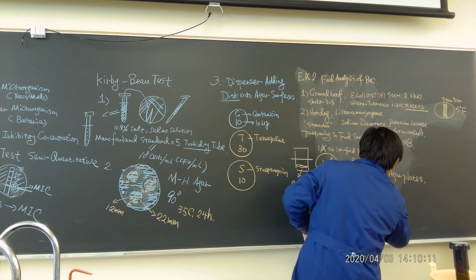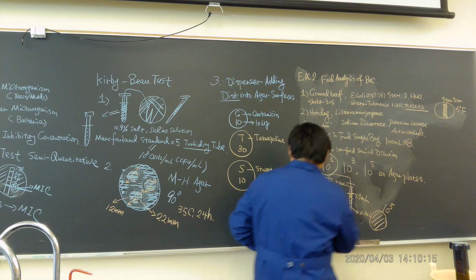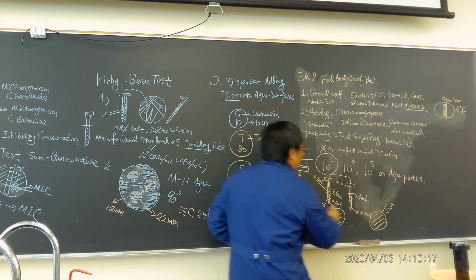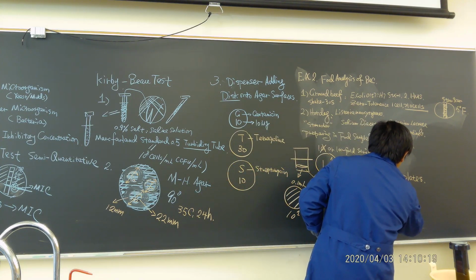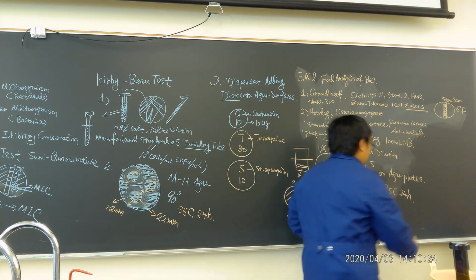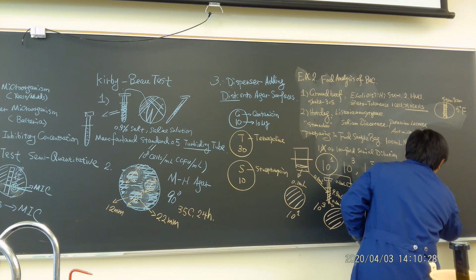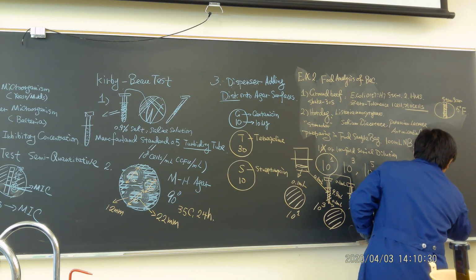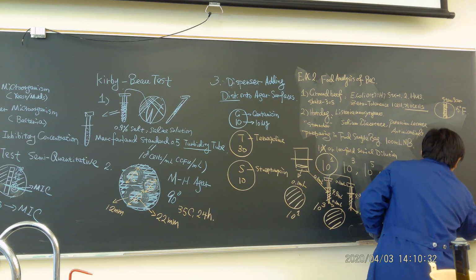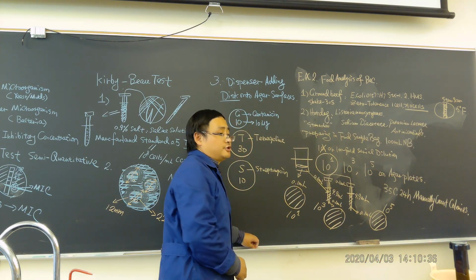That is 10 to the 5th. Then we are all going to do an incubation at 35 degrees Celsius, 24 hours. Then you have to count the colonies. For you it will be 1 week, manually counting colonies. Okay, so that's the procedure.